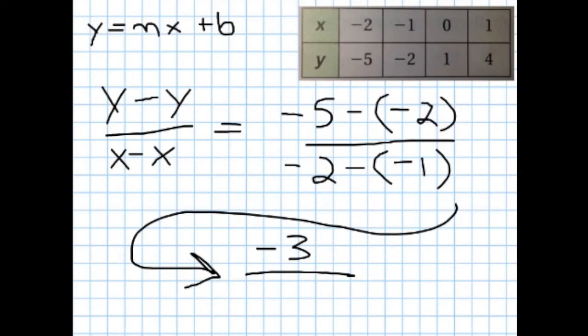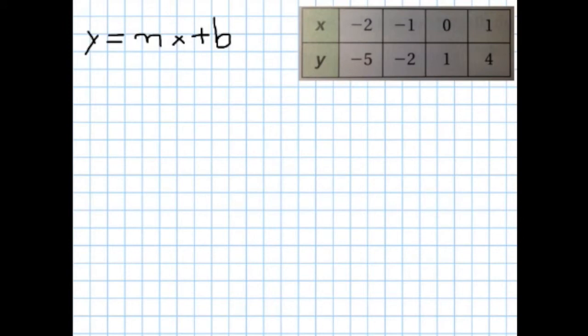And then you can do the same with the bottom, minus 2 minus minus 1, you end up with a minus 1. If you divide that over each other, minus 3 divided by minus 1, then you actually get 3, and that'll actually be 3x, 3 over 1x. So this is your slope.